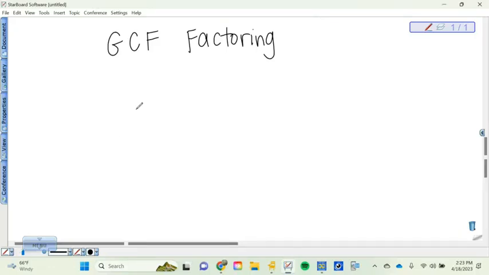Factoring, okay? So let's take a look at this. If I have something that looks like this, this is a monomial times a polynomial. What do I do when I have something out in front of parentheses like this? You distribute, exactly. Do I add 3x plus x squared?